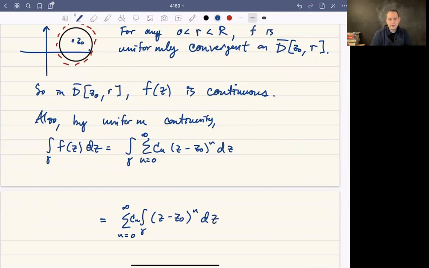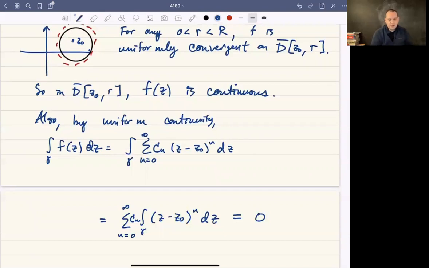If all the powers are non-negative, then all of those are entire, and this integral is going to be 0. Okay, we actually handled in even more detail what happens when n is a negative integer. The only value of n where we get a non-zero integral is when n is -1. But here we only have n going from 0 to infinity, so all the integrals are 0. In particular, the sum is 0.